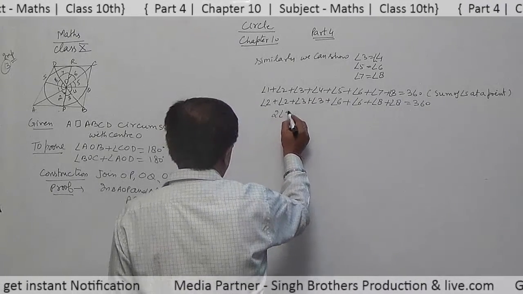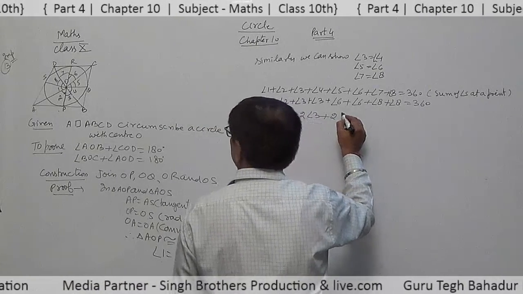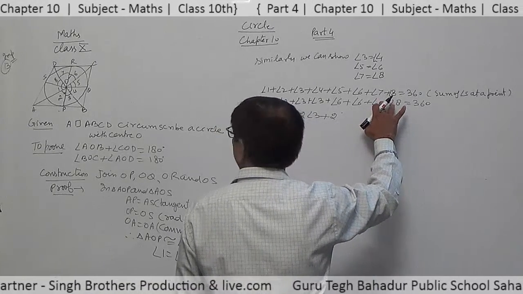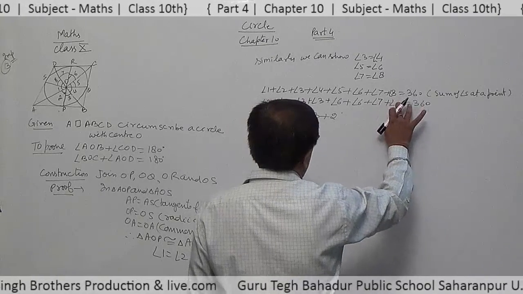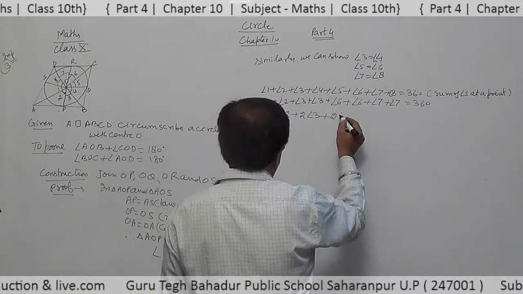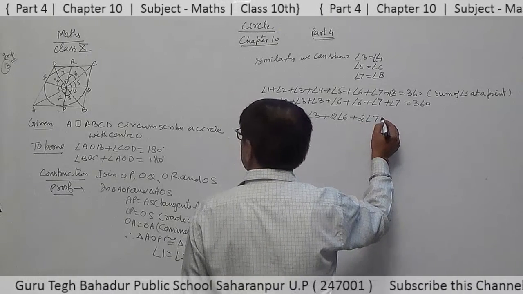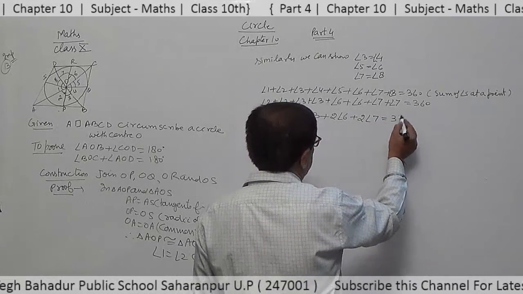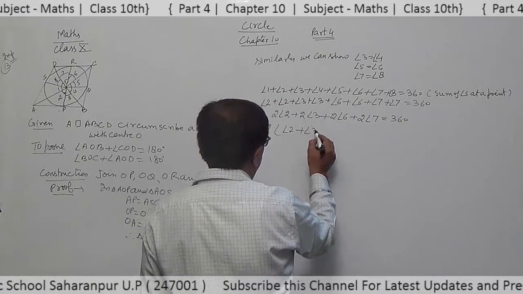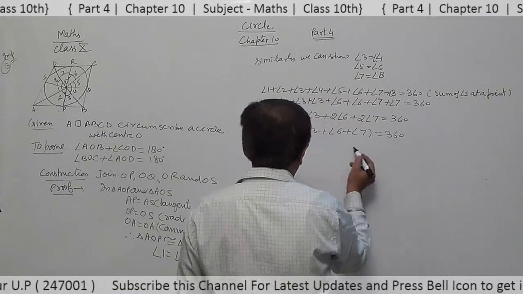Twice angle 2 plus twice angle 3 plus twice angle 6 plus twice angle 7 is equal to 360. Taking 2 common, angle 2 plus 3 plus 6 plus 7 is equal to 360.